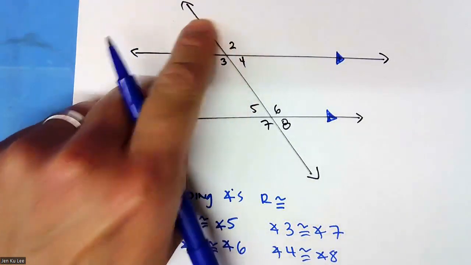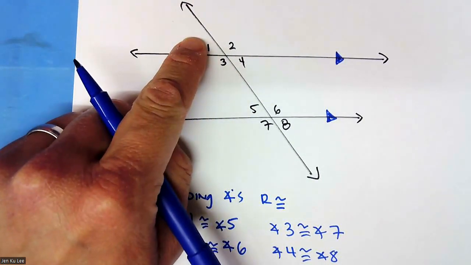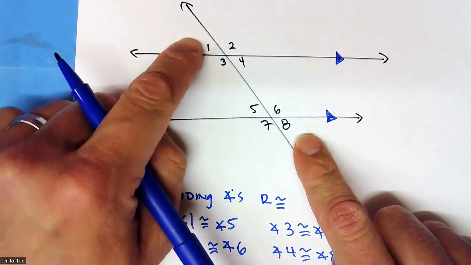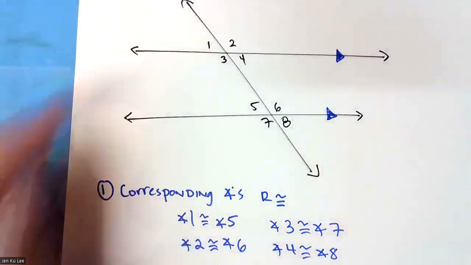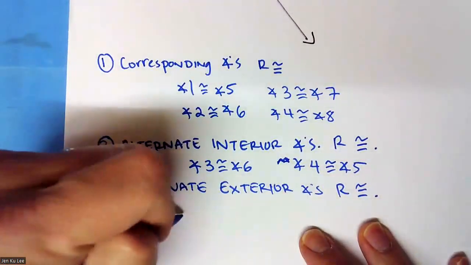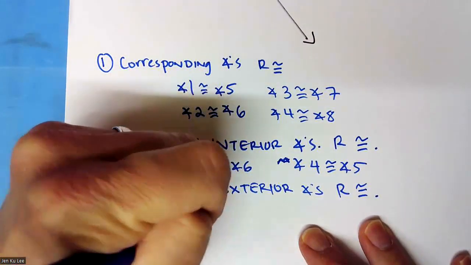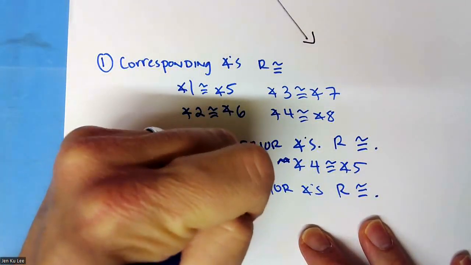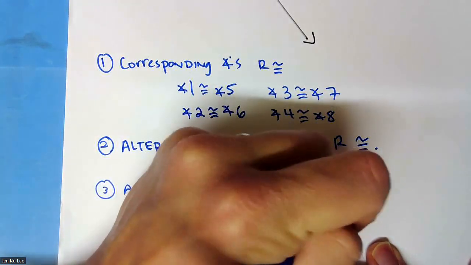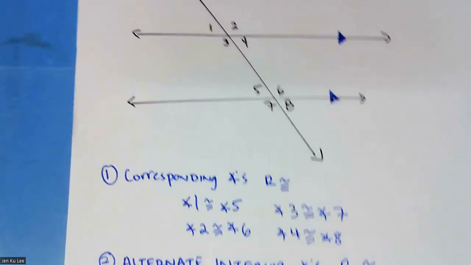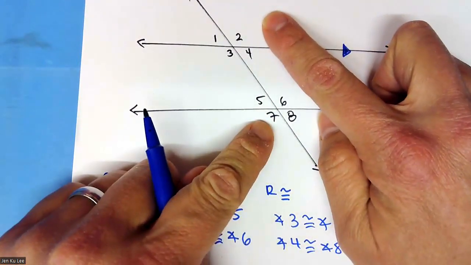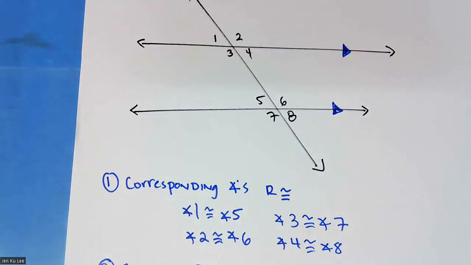So one from this group is angle 1, and then the alternating side is angle 8. Okay, and they are both on the outside of my parallel lines. So angle 1 is congruent to angle 8, and angle 2 is congruent to angle 7. Angle 2 and angle 7 are also on alternating sides of the transversal and on the outside of my parallel lines.